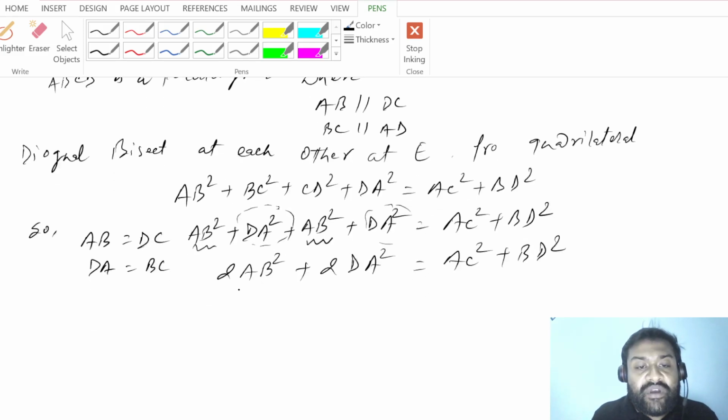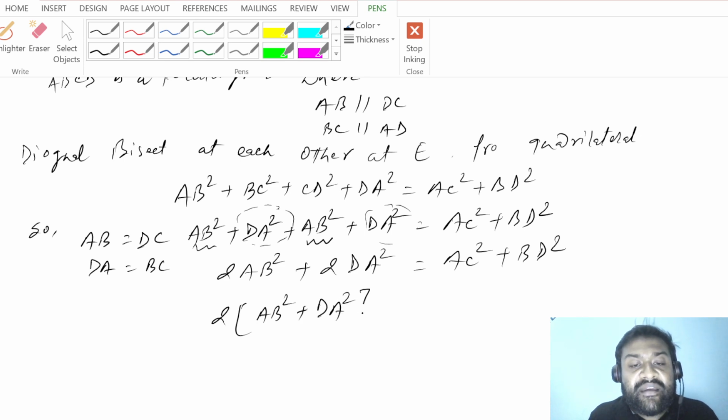Now what we can do, just take 2 as common, so AB squared plus DA squared is equal to AC squared plus BD squared.